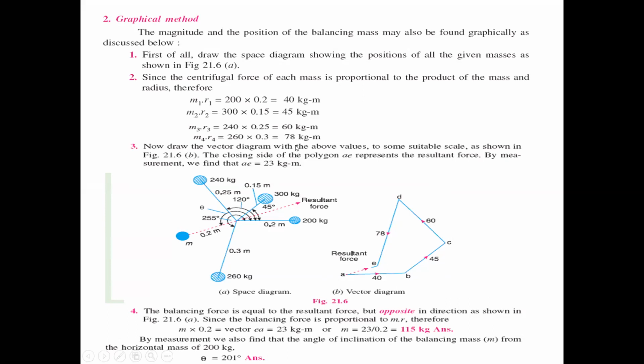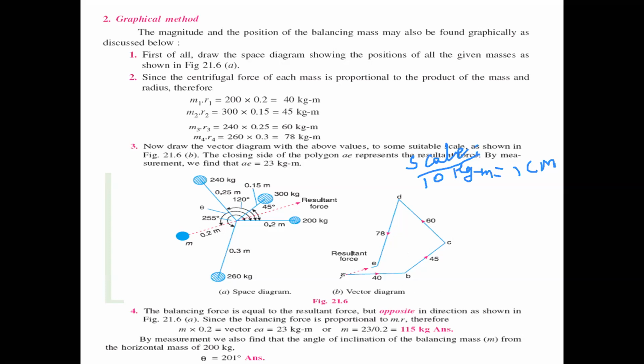If it is convenient to draw 10 kg meter equals 1 centimeter, you can also choose that, whatever it may be. So 10 kg meter equals 1 centimeter, that is our scale.